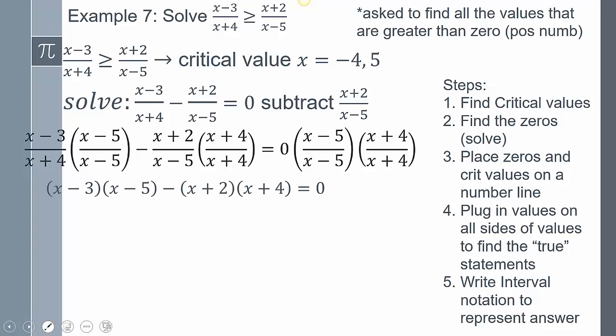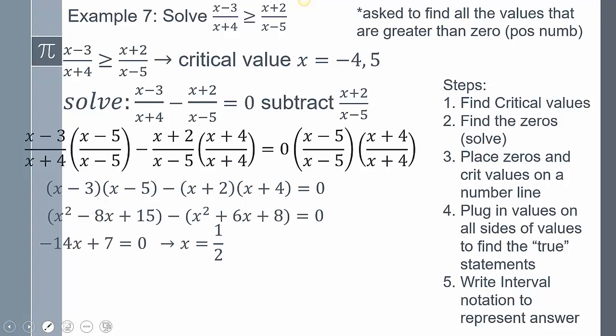And the other thing is once the denominators are all the same, we don't have to worry about it anymore. We can just get rid of it, right? We don't need the denominator once they're all the same. And so I just get the statement x minus 3 times x minus 5 minus x plus 2 times x plus 4. I can FOIL that together, I can FOIL that together, combine like terms. Okay, and then solving for x, I get x equals 1/2.